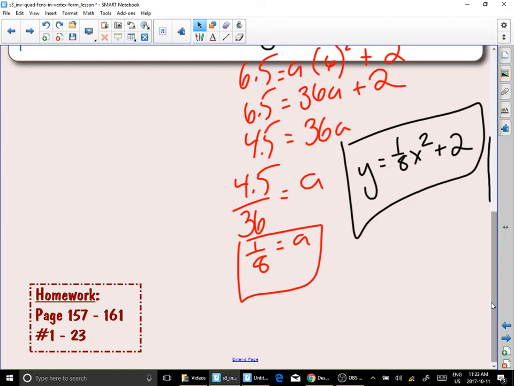And lots of times, to make our lives easier, we do use a simplistic model like that, but in the real world, things aren't always as simple as you might want them to be. Your homework for this is pages 157 to 161, numbers 1 to 23.